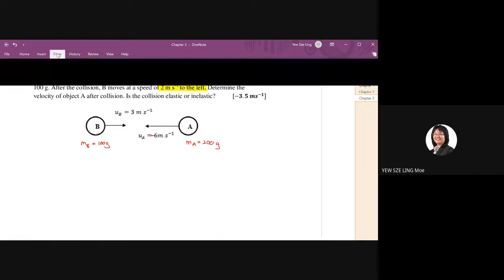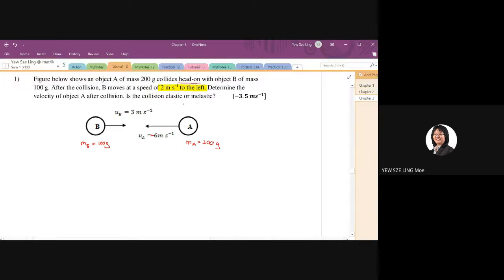Right, so we have two situations. What am I going to do now? I'm going to draw one more diagram. So this is my B, this is my A. After collision, my B is going to the left with a final velocity VB equals negative 2 meters per second.